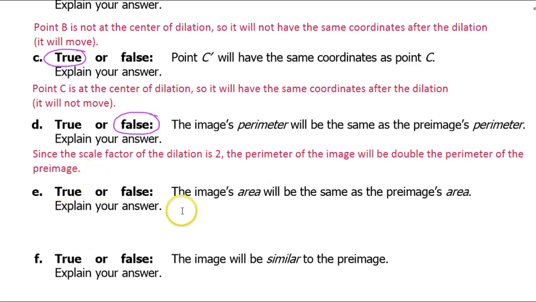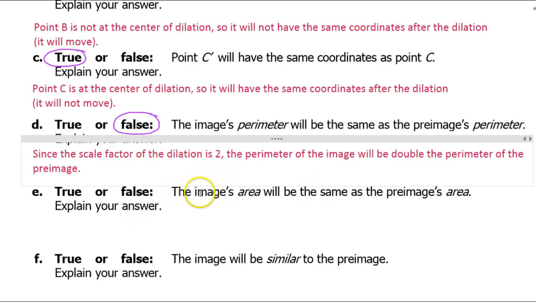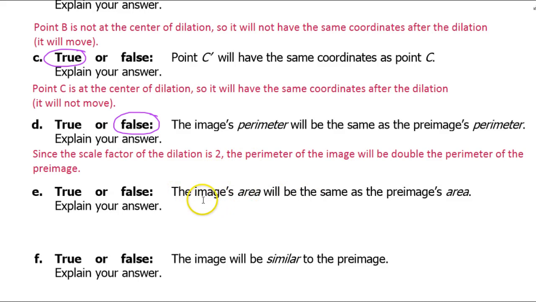Alright, how about part E? The image's area will be the same as the pre-image. Well, that is clearly false as well. The image is going to be twice the size of the pre-image.